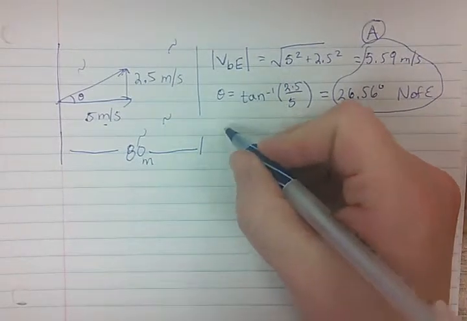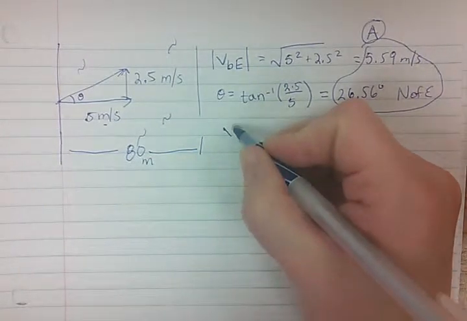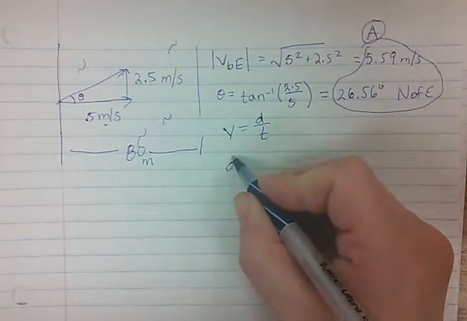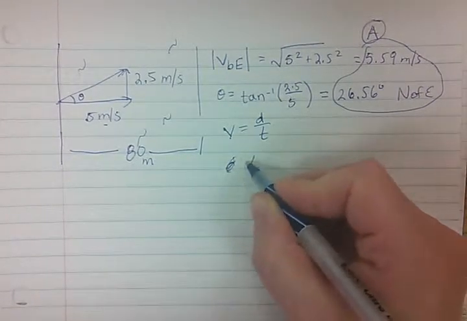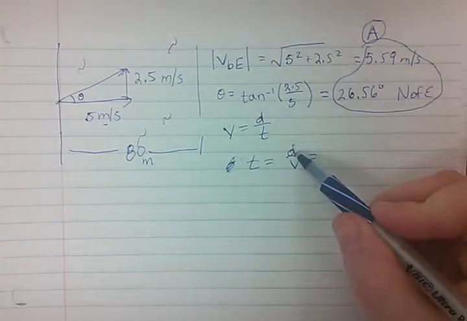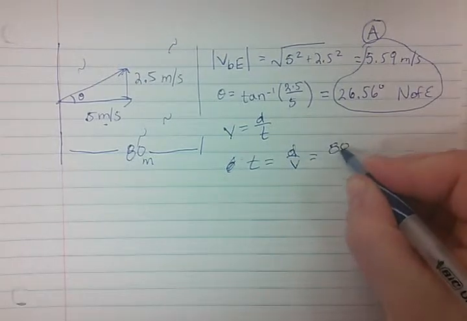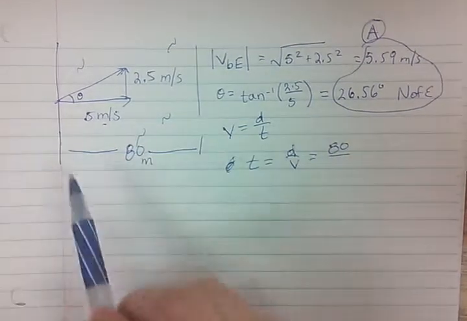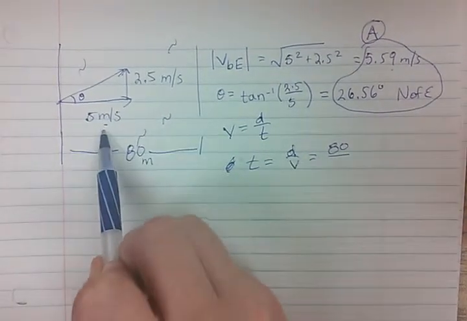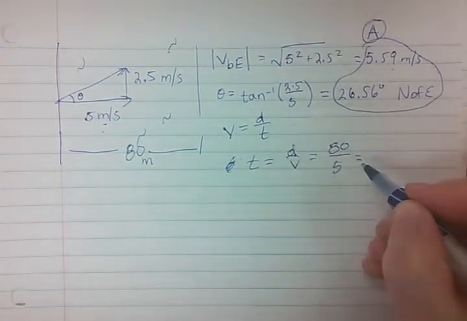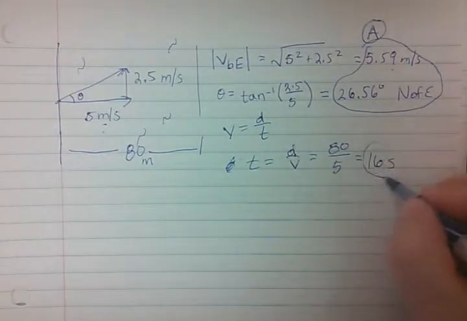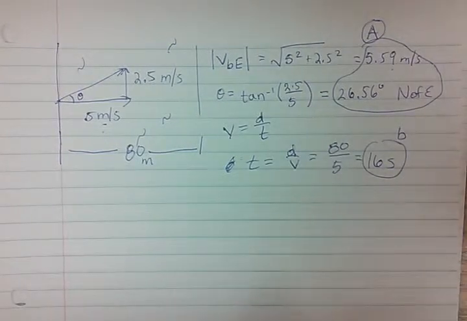So all we have to do for that is our 9th grade equation for speed, v equals d over t. If you solve for time, you get d over v. In this case, d is equal to 80, and velocity, again, don't use this velocity. The velocity in the x direction is 5. So there, you will get 16 seconds. So here is our answer to part B.